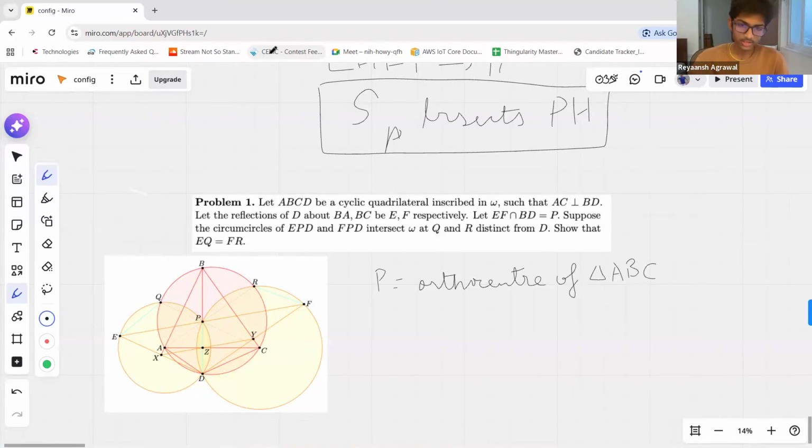But since P is the orthocenter, the reflection of P about AB also lies on the circle ABC. So that's got to be Q. That means that PQ is perpendicularly bisected by AB. Is that clear?